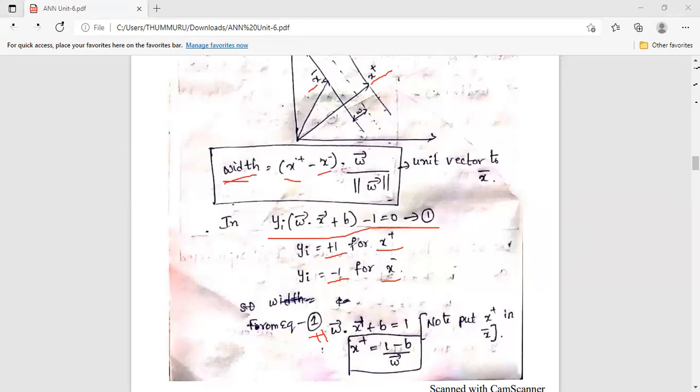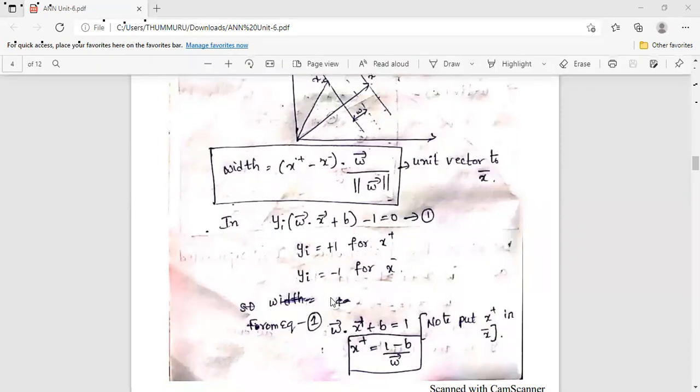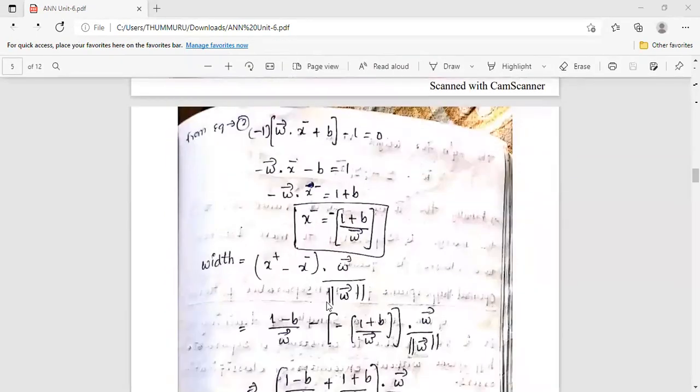Here, x bar is represented using x plus and x minus. Like this, we need to substitute minus 1 in this formula. Let us see that also.